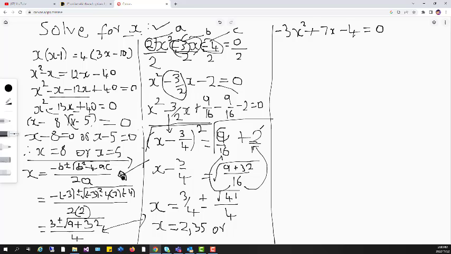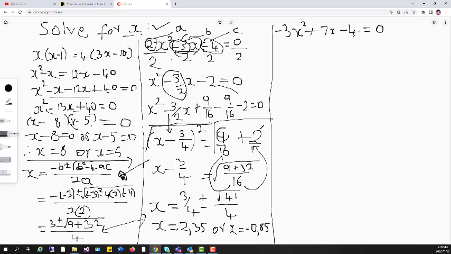Coming back to the calculator, this gives us x equals minus 0.85. It's just a matter of using a calculator there.